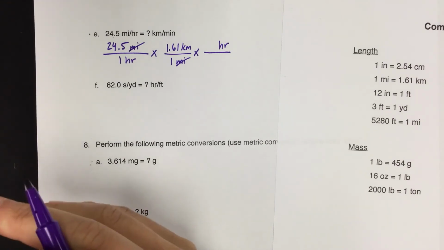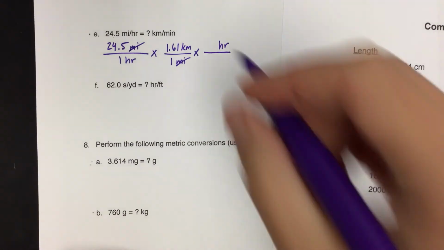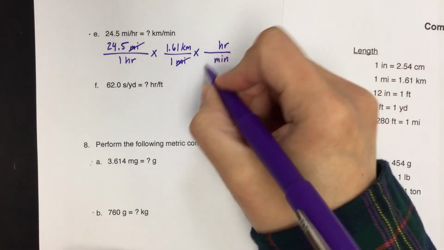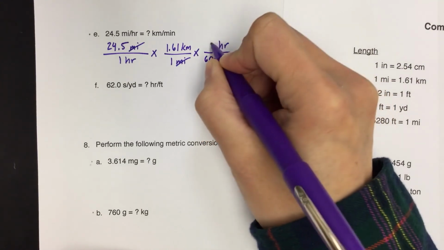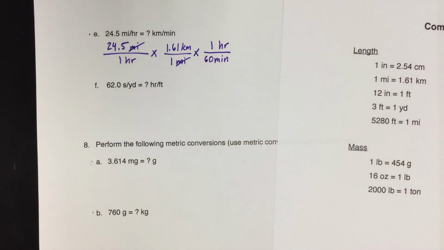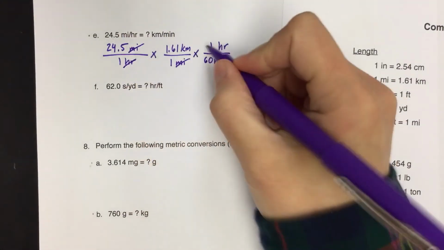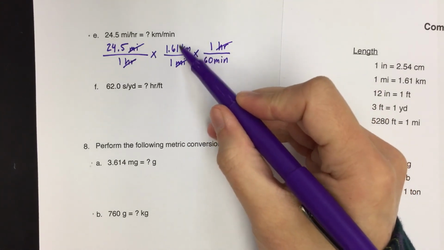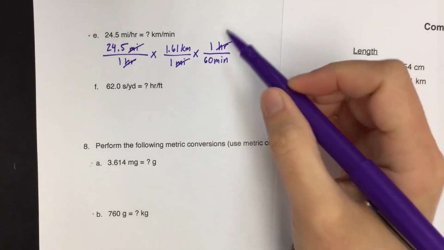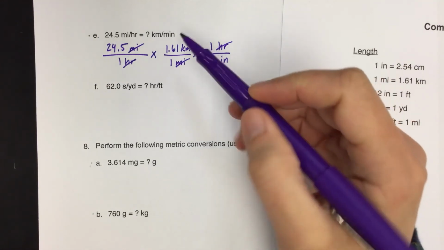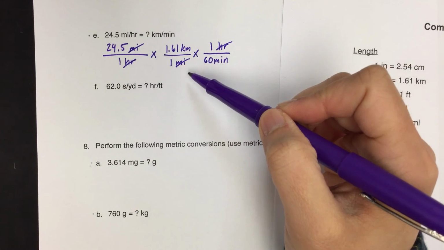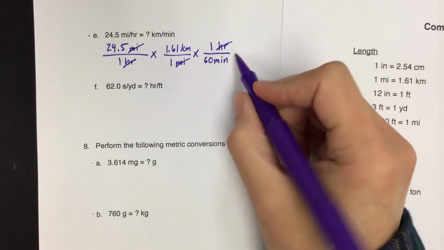And since you know a conversion that converts minutes to hours, you can go ahead and put minutes on the bottom as long as you know that there are 60 minutes in 1 hour. Okay, so that's our next conversion factor, which cancels hours, leaves us with minutes. And so now we get kilometers on the top, that one's left, and on the bottom we have minutes, which matches the units that it's asking for in the problem. So we actually are done with this setup.